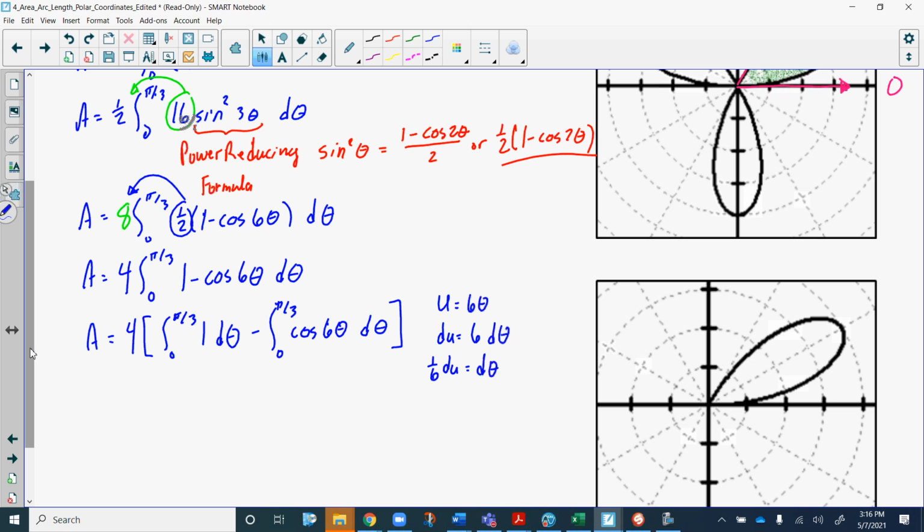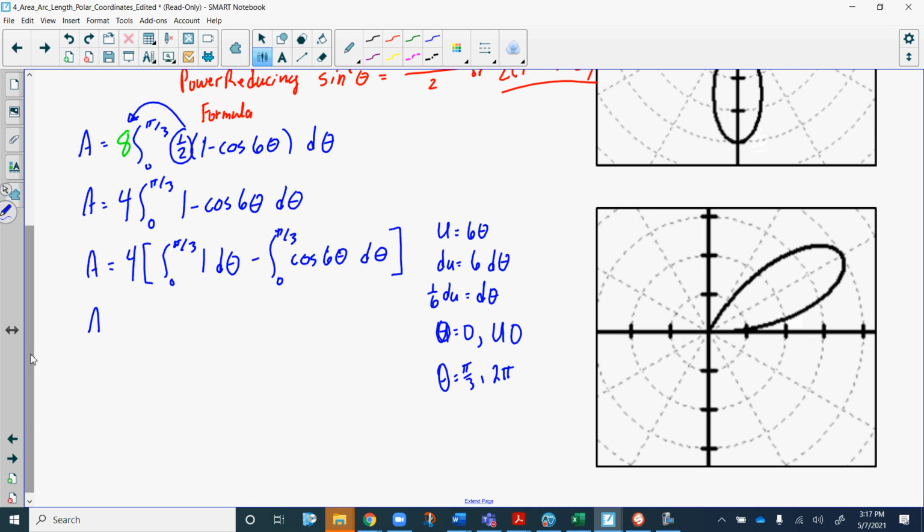And because I'm doing u-substitution, when theta is equal to 0, u will be 6 times 0, that's just 0. And when theta is equal to pi over 3, well, 6 times pi over 3 is going to be 2 pi. So we have 4 ultimately as a constant that was pulled out.